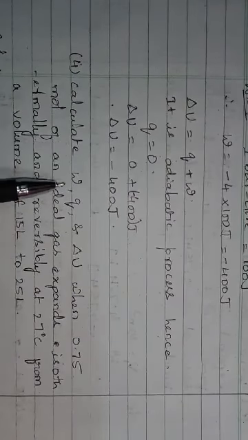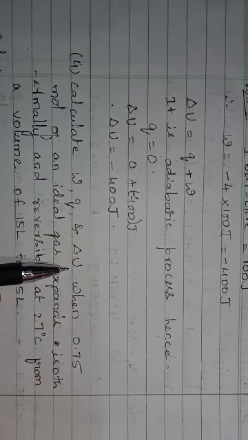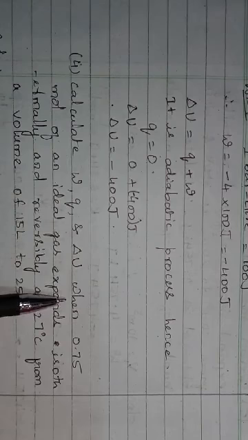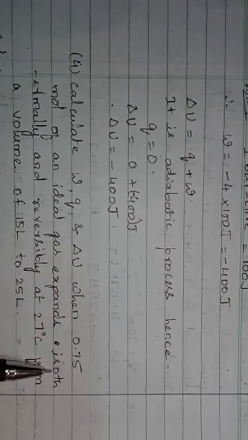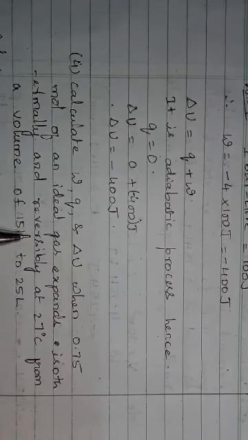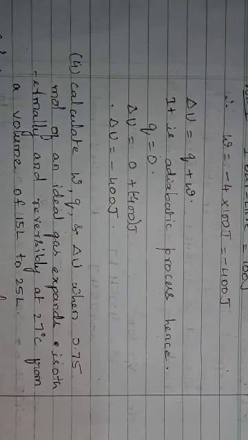Calculate work done, amount of heat energy and change in internal energy when 0.75 mole of an ideal gas expands isothermally and reversibly at 27 degrees Celsius from a volume of 15 liter to 25 liter.